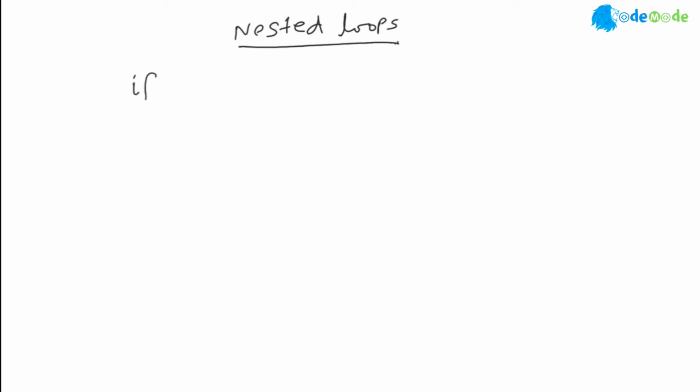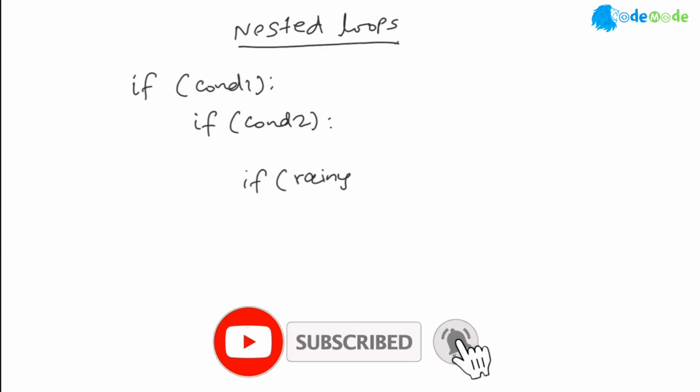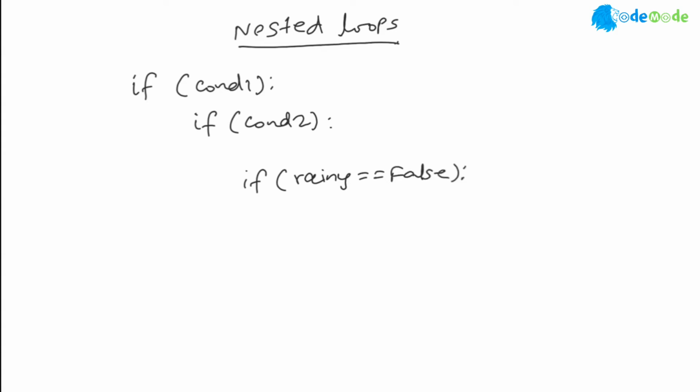Remember how we said if some condition 1 is true, then inside this we say if the second condition 2, then this. For example, take a real life example, say if rainy equal to false, that means it's not raining, and if temperature is greater than 60°F, I'm taking Fahrenheit, then you want to play or do something.